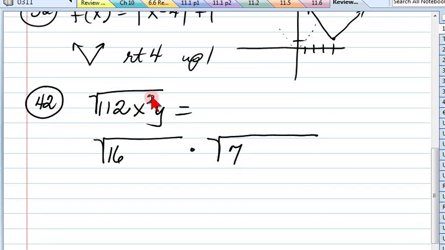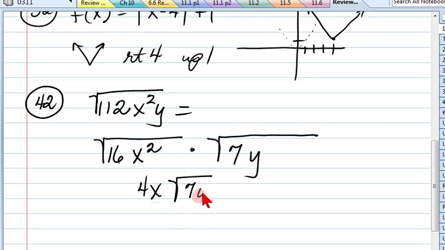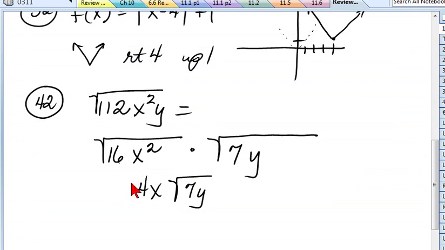X squared, that's a perfect square, it goes in the front radical. Y, not a perfect square, and no way to factor it, so it goes to the back radical. What is the square root of 16x squared? 4x times the square root of 7y. And that's my simplified answer for 42.